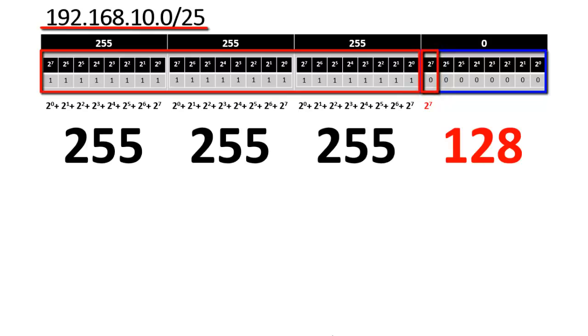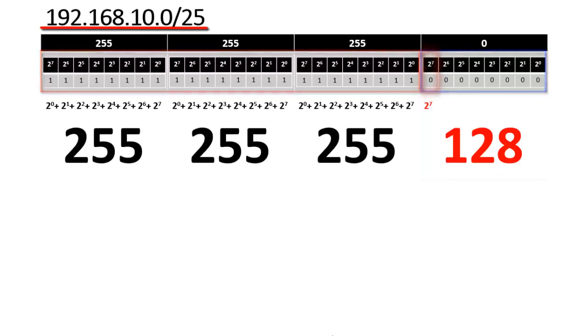As you can see, the value of that particular network bit is 2 to the power 7. Once you calculate 2 to the power 7, the total you get is 128. So for that reason the new subnet mask of this address is 255.255.255.128.